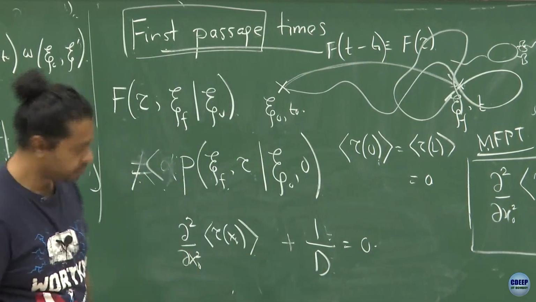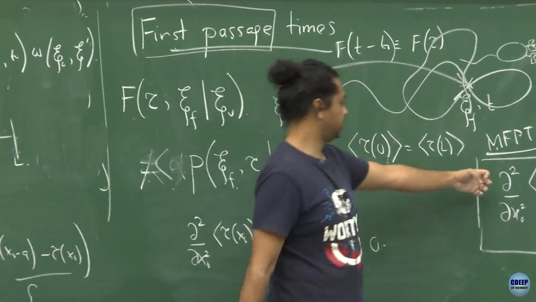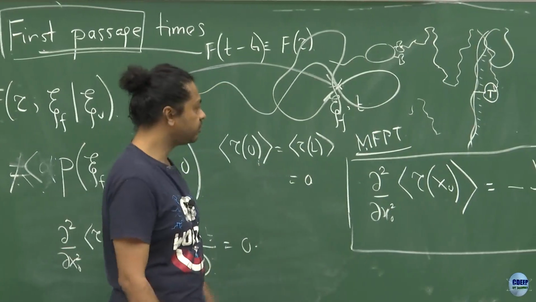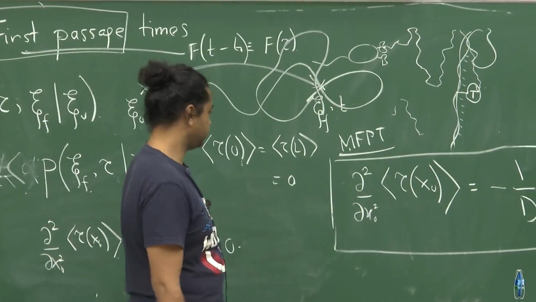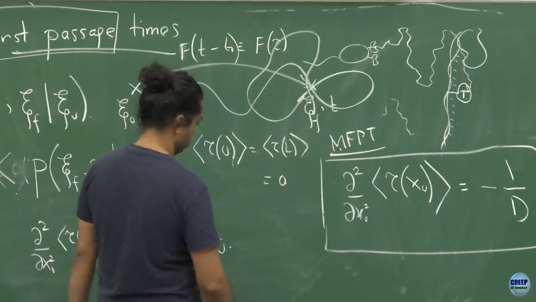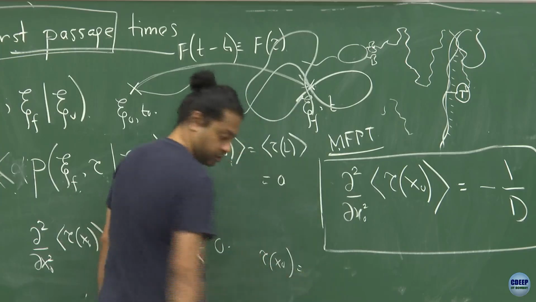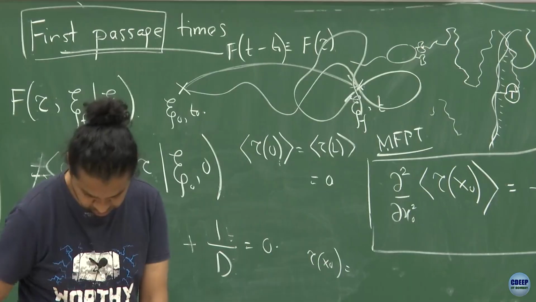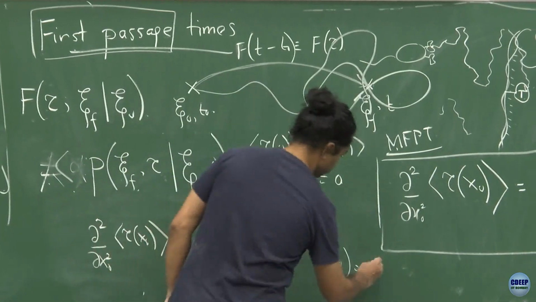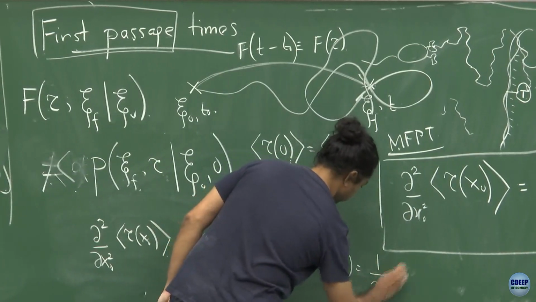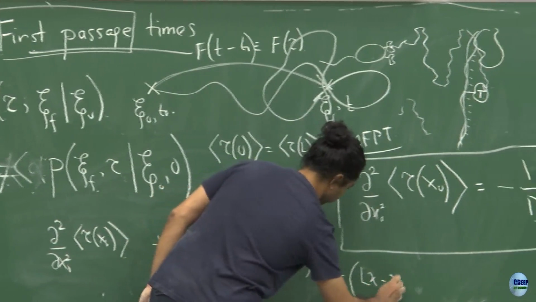So you can solve this equation subject to these boundary conditions, and so tau of x naught would be 1 by 2D, Lx minus x squared.